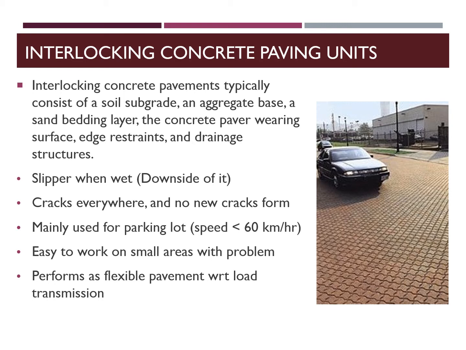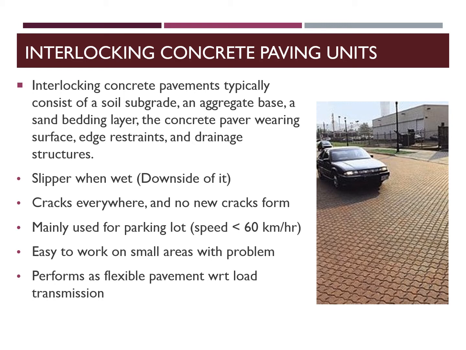The most severe drawback of this pavement is that the road will be very slippery when the surface is wet. But the good thing is that it won't generate any new cracks along the surface.